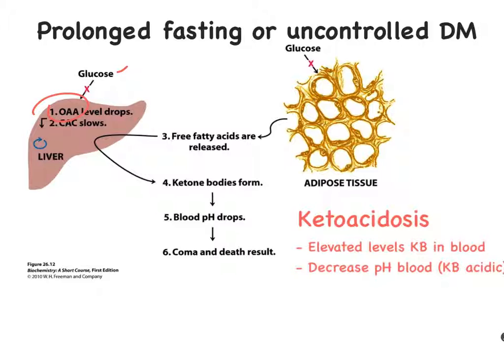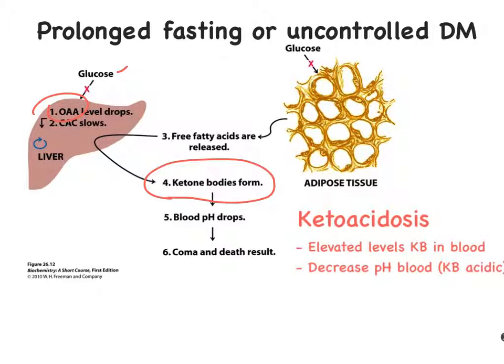So if we don't have sufficient oxaloacetate, we're going to get a slowing of the citric acid cycle. We're going to start synthesizing more and more ketone bodies as the acetyl-CoA molecules are diverted from the citric acid cycle to ketogenesis. And so this condition is serious and can result in either a coma or death.